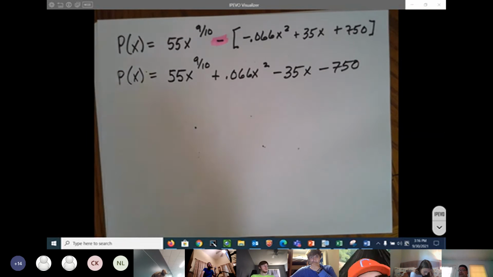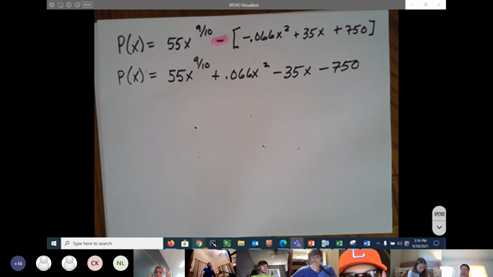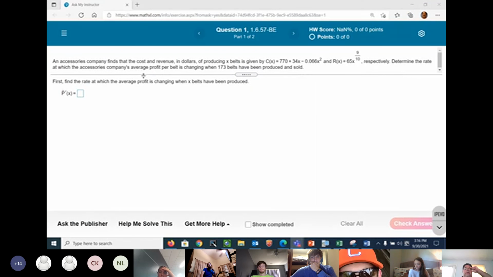Now, at this point, that's the profit. But the average profit, you're supposed to divide by X. And I'm just going to check to see if they divided by X, because the way it's written, it says the average profit per belt.